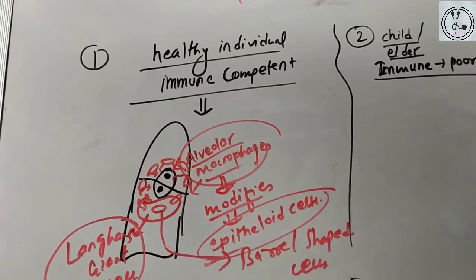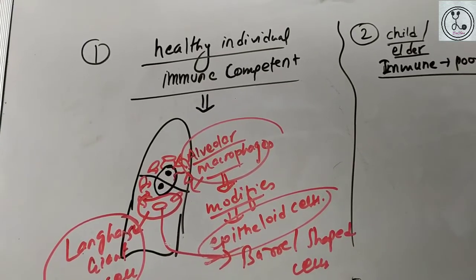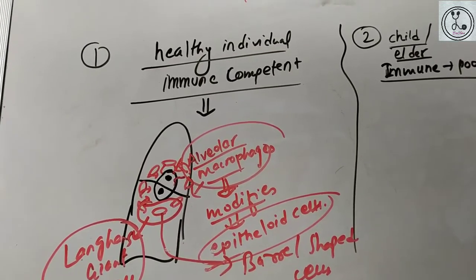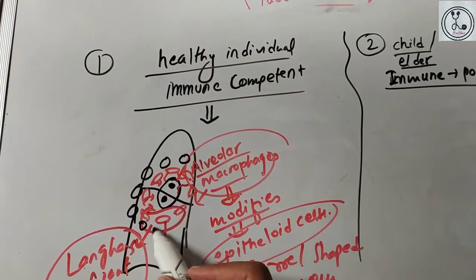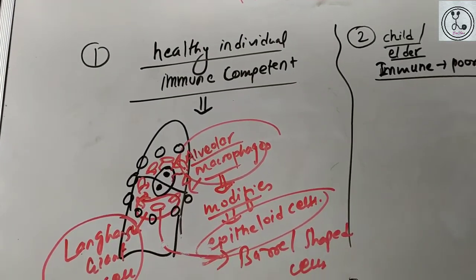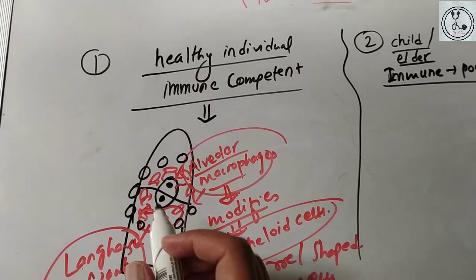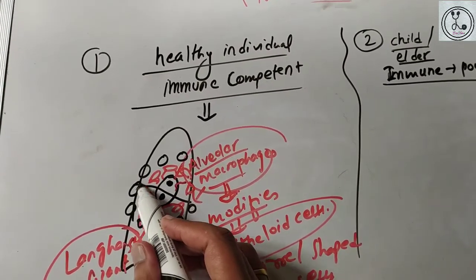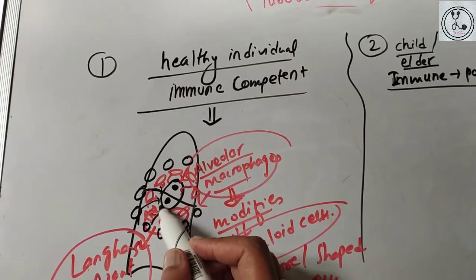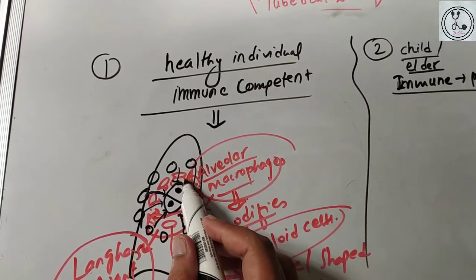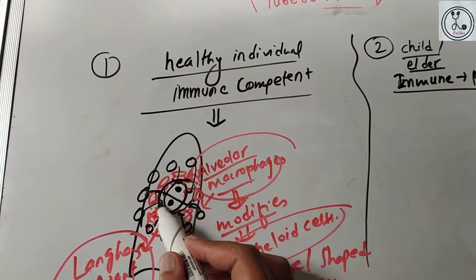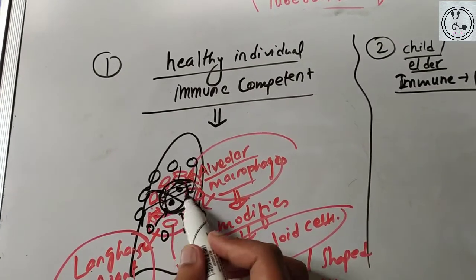And ultimately now the enzymes released by the Langhans giant cell, the macrophages, and some more lymphocytes that have come there. So there are some lymphocytes also. So ultimately there will be a high amount of enzyme secretion in the area where the bacteria has landed, and due to this the bacteria along with the tissues present over there get necrosed.